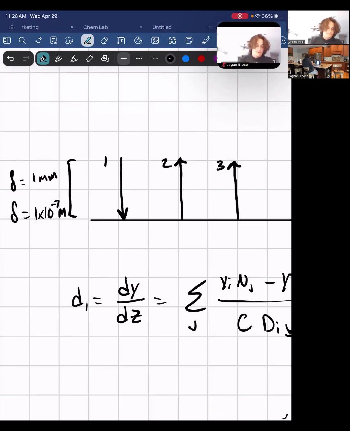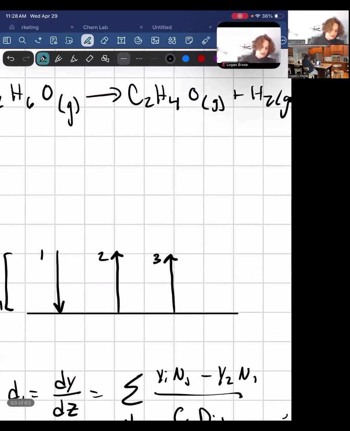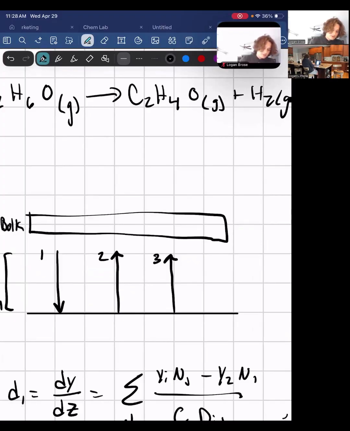And we're also given our bulk concentrations, right? So here we have our bulk, like before, y1 equals 0.6, y2 is 0.2, and so is y3.